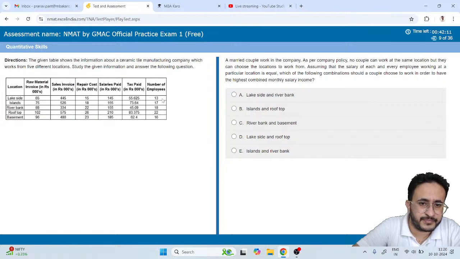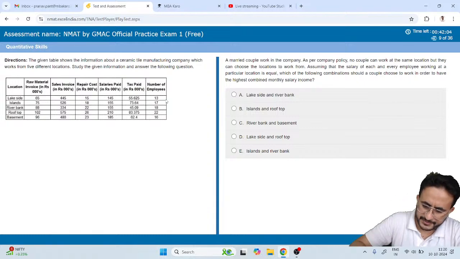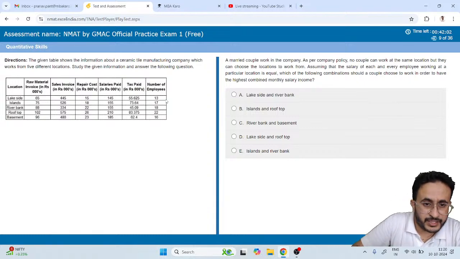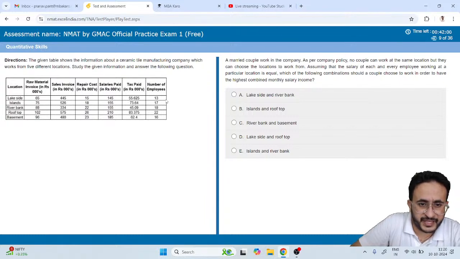Now salary is 13 into 11 is 143. So Lakeside it will be 11. Okay, and 17 into 55, 9. Island will be somewhere around 9. Then the next one, 18 into 8 is 144, 18 9. So 8.5.